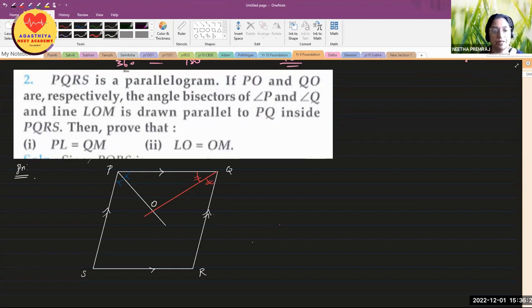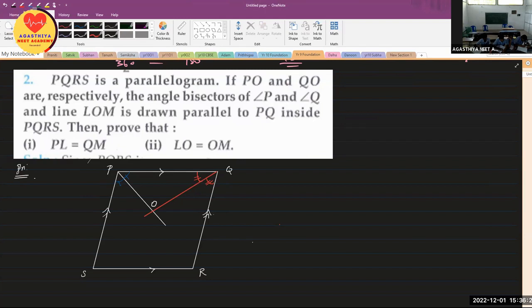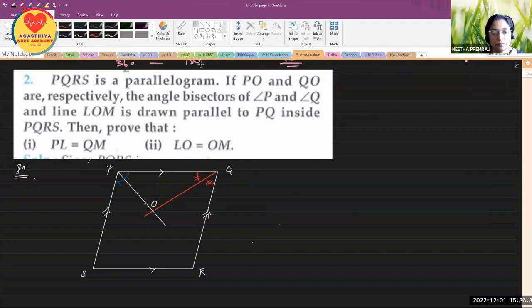And L. OM is drawn parallel to PQ inside PQRS, so that there is a line parallel to this.